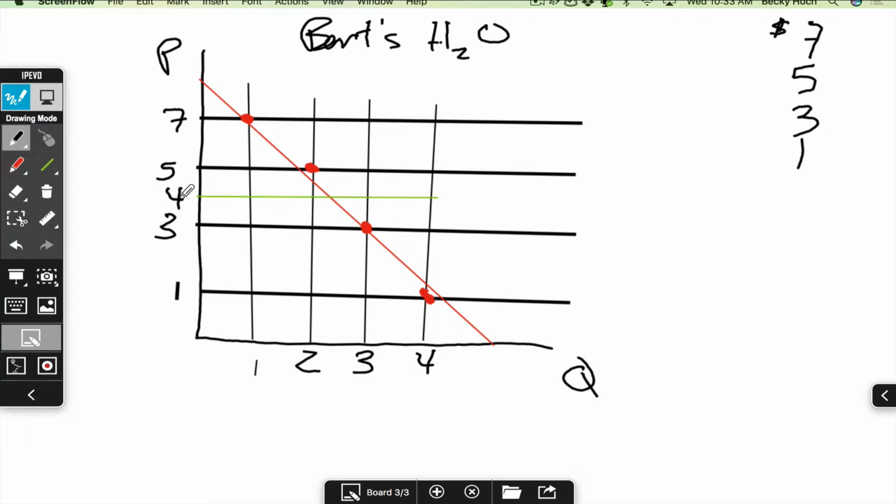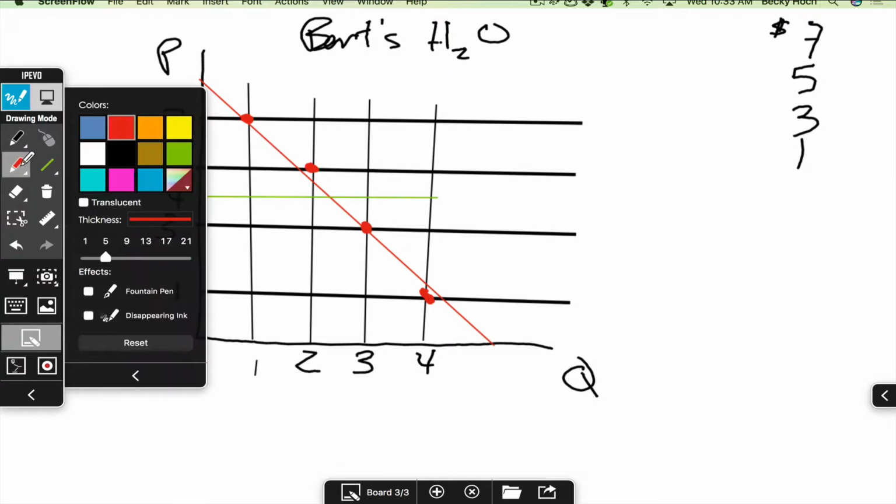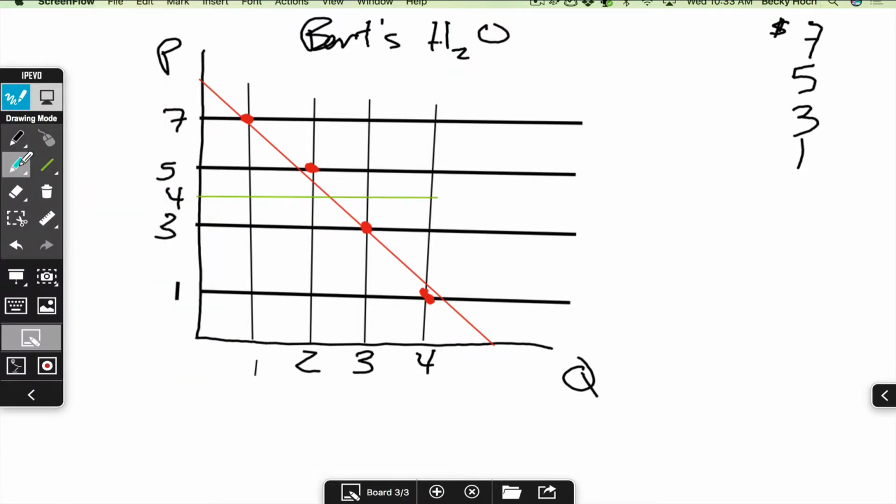Alright, so how much consumer surplus does Bert get from his purchase? So we gotta figure out Bert's actual consumer surplus here. So he bought how many bottles? He bought 2 bottles. Okay? At $4.